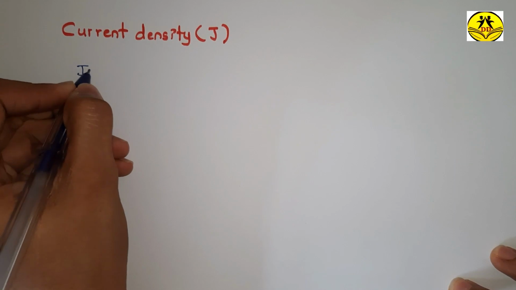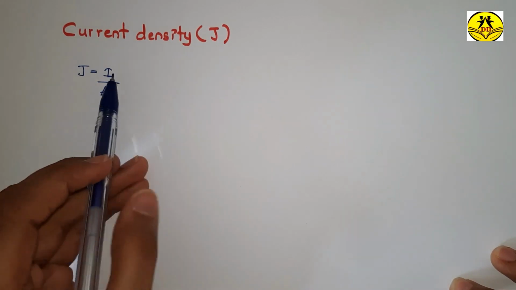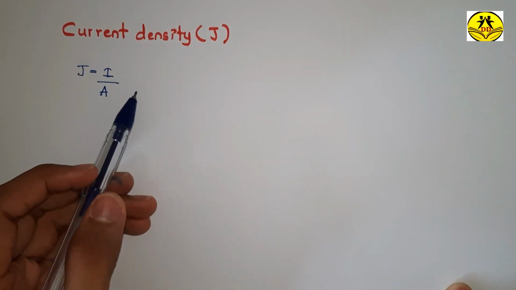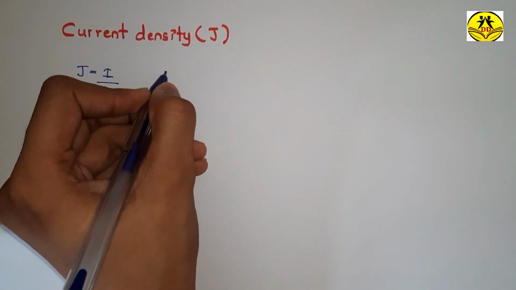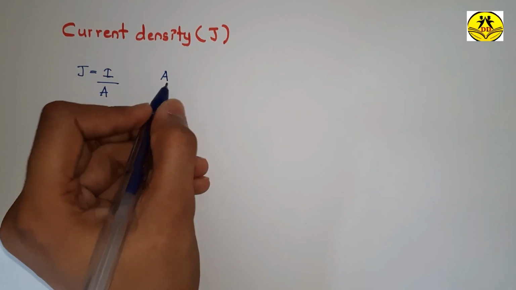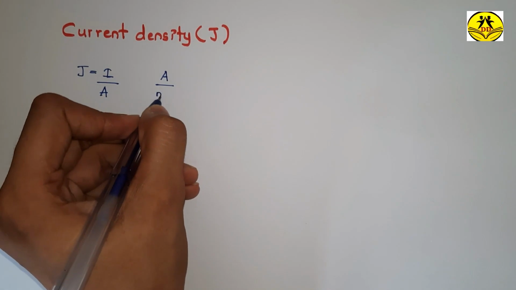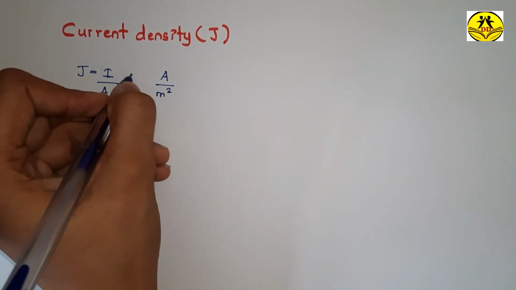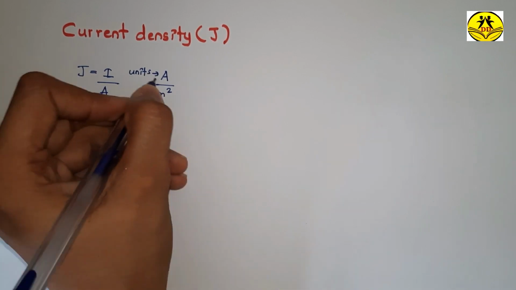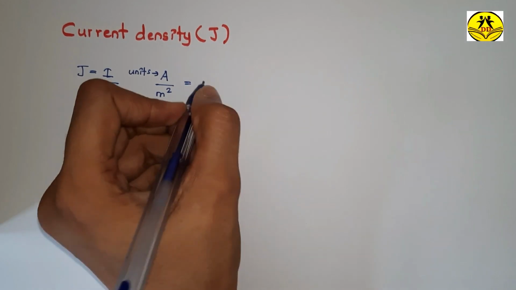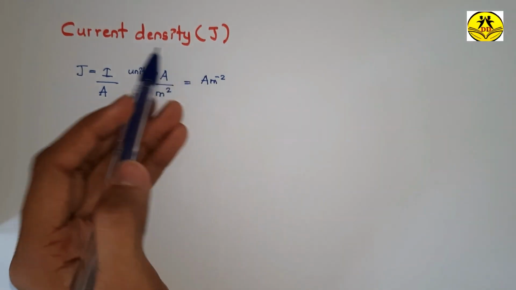So J equals I over A. The unit of I is ampere, and the unit of area is square meter, so this can be written as ampere per square meter. This is the unit of current density.